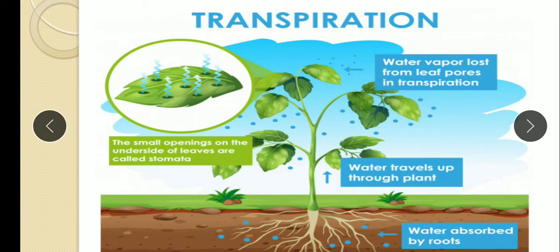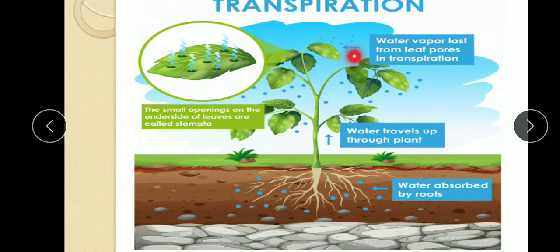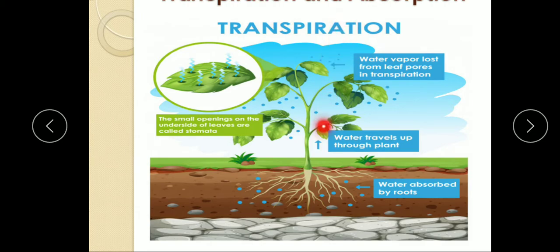So this is transpiration. And there is a direct relationship between transpiration and the absorption of water in the plant. As water is lost through transpiration, more water is absorbed as more water is required, and this creates a suction pressure which pulls the water up from the xylem of roots to the stem and then to the leaves.